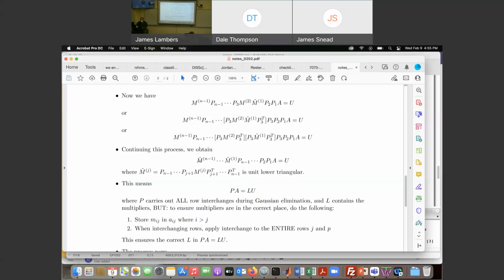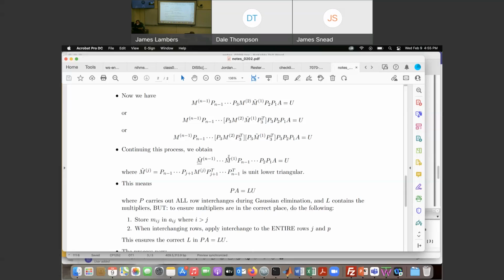Because the matrix L, the answer to your first question, comes from taking all of these, inverting them, and then multiplying them in the opposite order from what you see here. So this product is L inverse.